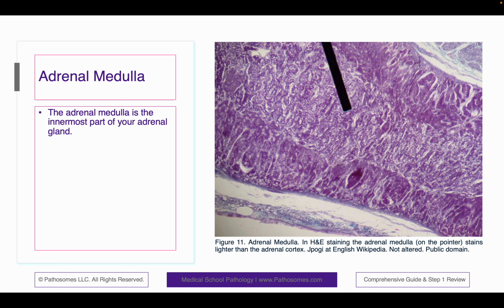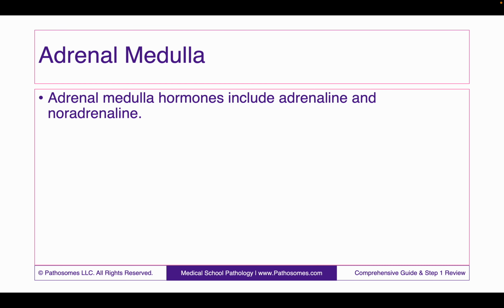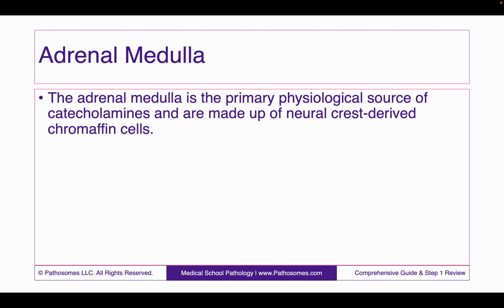The adrenal medulla is the innermost part of your adrenal gland. The adrenal medulla hormones include adrenaline and noradrenaline. The adrenal medulla is the primary physiological source of catecholamines and is made up of neural crest-derived chromaffin cells.